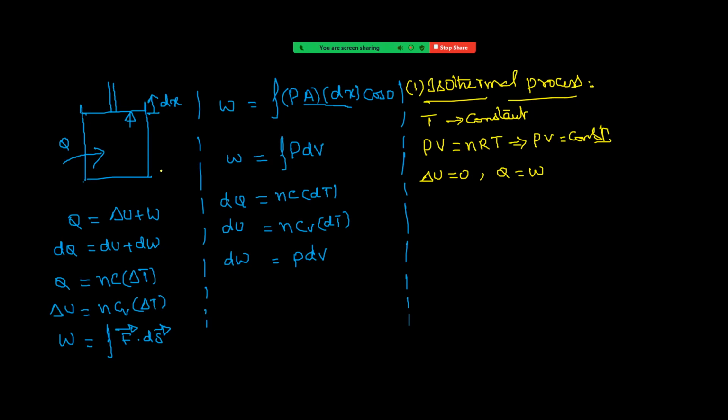So here one condition is that for the process to be isothermal, the walls of the vessel must be conductive and the process must be done very slowly. I am repeating, the walls, or you can say base, of the vessel must be conducting. Next, the process must be done very slowly.